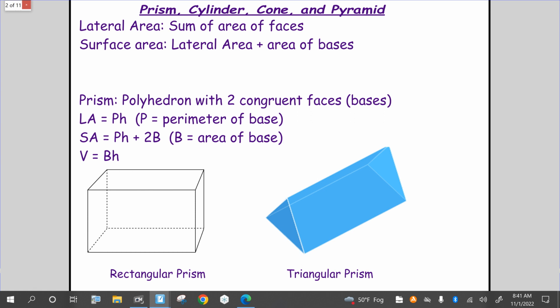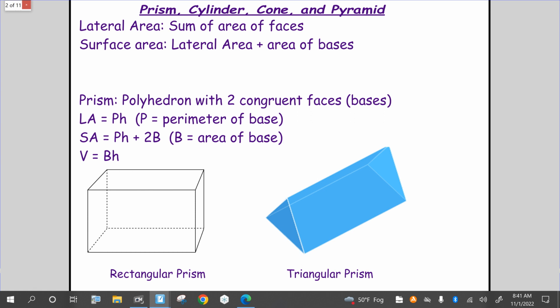Not typically. So lateral area is like you're painting the walls. Surface area is like you're creating a movie theater room where you also want to paint the ceiling and the floors. Okay? So surface area is the lateral area plus the area of the bases. So lateral area is just around, and surface area is all the way around and the top and bottom.